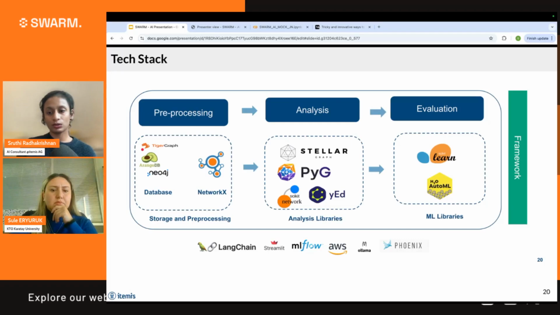To give you an overview of how our tech stack looks: I mentioned the database is Neo4j. For doing some graph-based manipulations, we use the open source technology called NetworkX. And for using out-of-the-box graph algorithms or graph-based transformers, we use something called StellarGraph, but you can also use Scikit-network or PyTorch Geometric, which is also widely known.